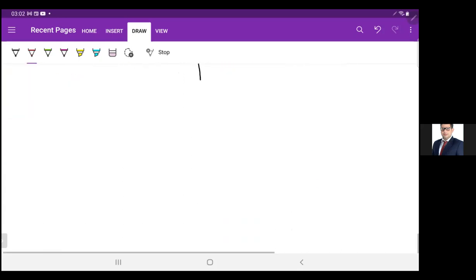And then we have payback technique to discuss, payback method of appraisal.